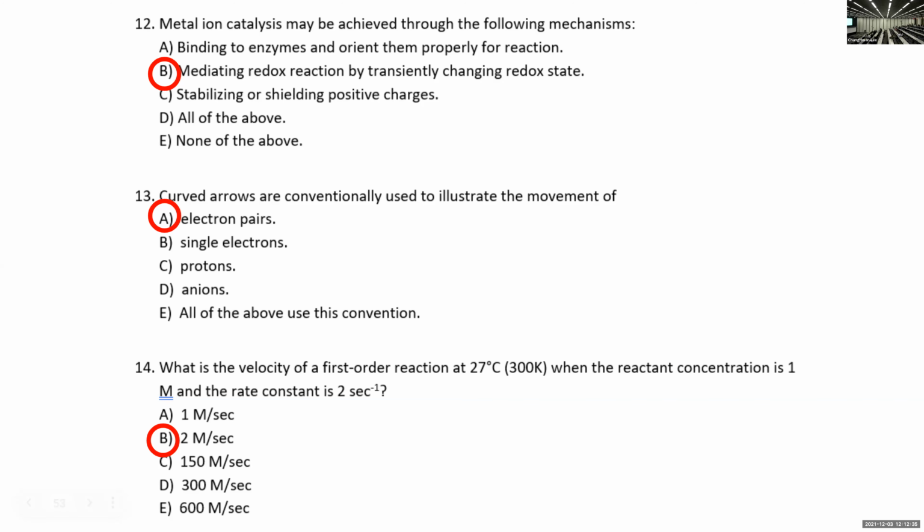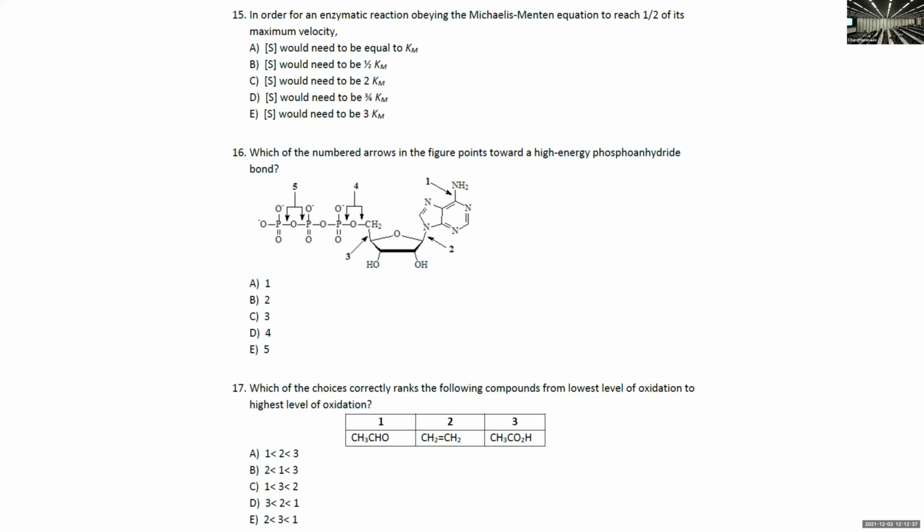So number 15. It's A. Again, it's the same thing I've already asked earlier, right? It's about the Michaelis-Menten equation. And this means that the Michaelis-Menten equation is important, especially for making the relationship between Km and Vmax.